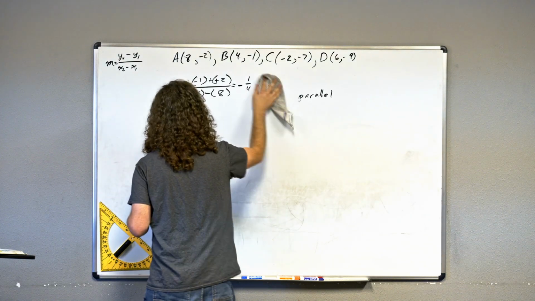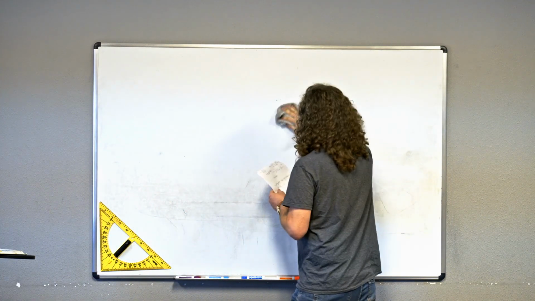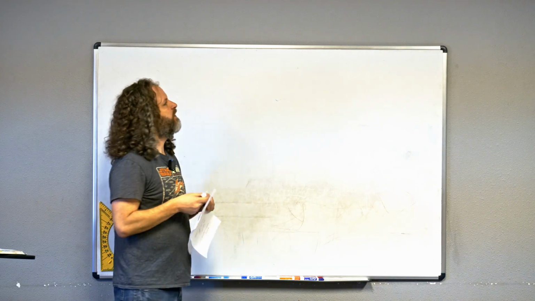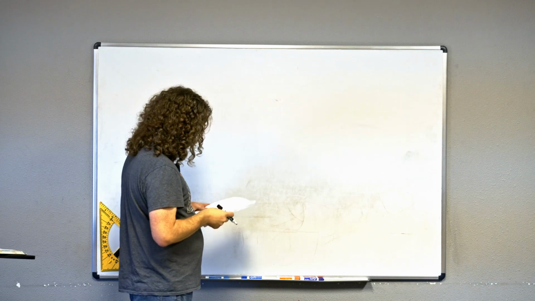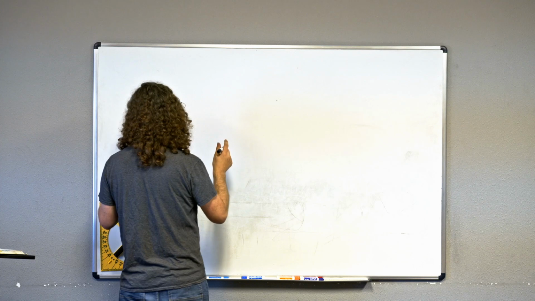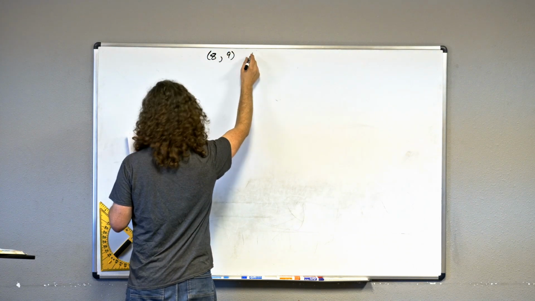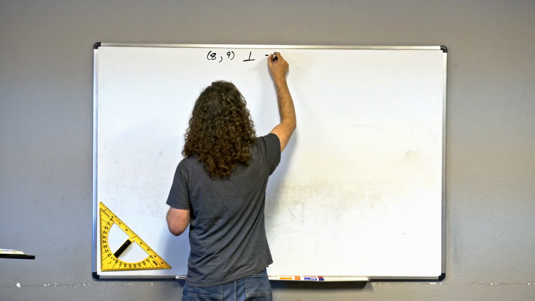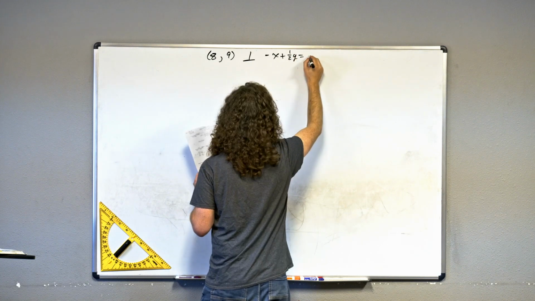Okay, similar idea. Sort of similar idea to the one on the quiz, actually. We are supposed to write an equation in slope-intercept form of the line that passes through (8, 9) and is perpendicular to negative x plus 1/2 y equals 5.